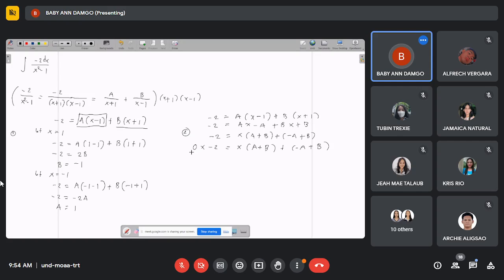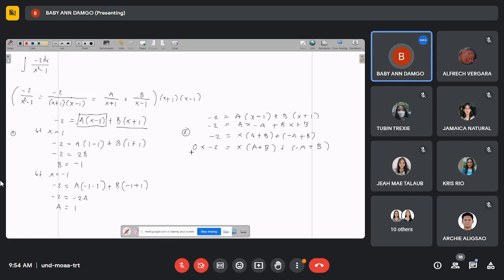Here, class, we can use the elimination method. We can add these. When we add, this is 2b which is equal to 0 plus negative 2, this is negative 2.